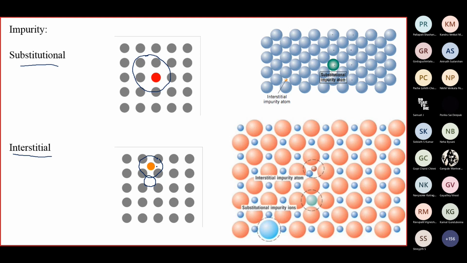Who is facilitating this electron to move easily through the material? Come on, think about it. Who is facilitating this electron to move freely throughout the material?